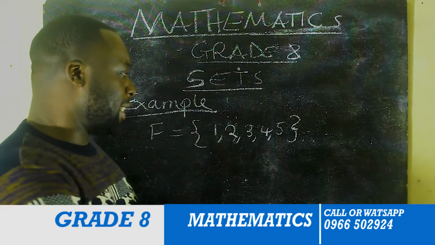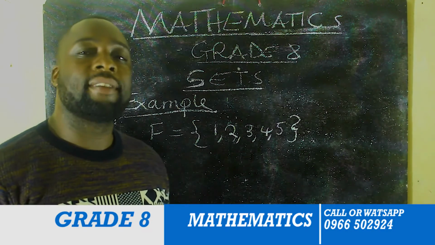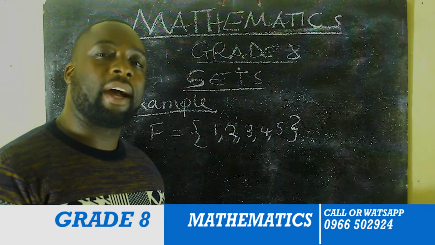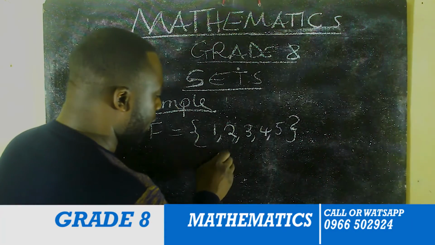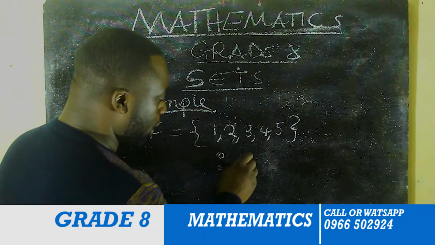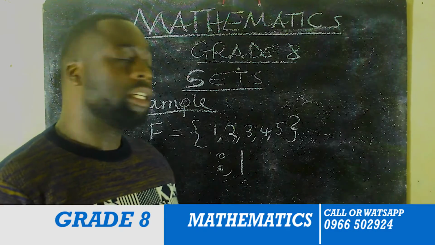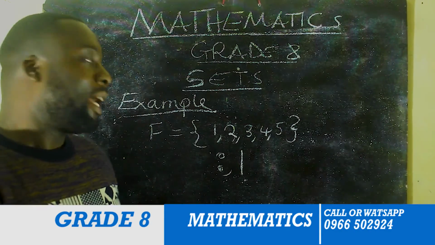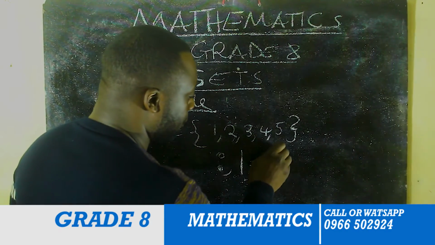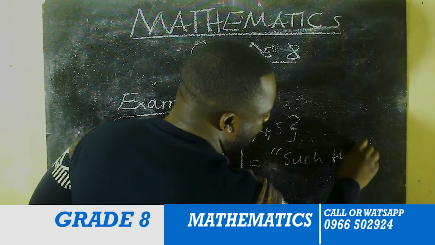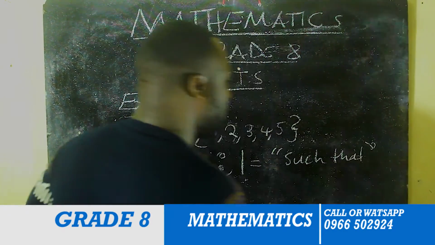How can we represent this information in set builder notation? In set builder notation we have symbols. For example, we have a colon and we also have a bar. We have a colon and a bar, and this means such that.